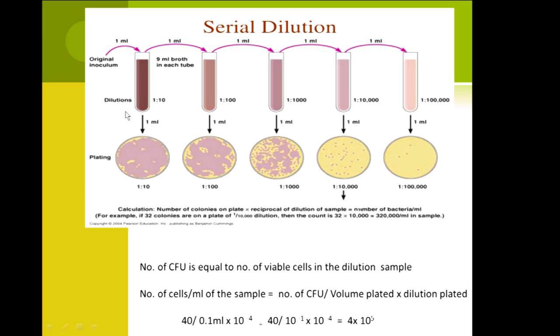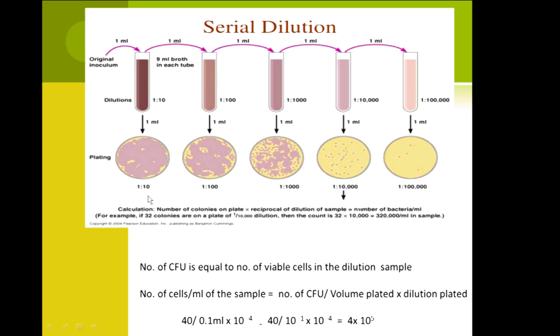But in a natural sample usually cells are very large in number, about 10 to the power of 7 cells are present. So all of them cannot be plated on an agar plate. If they are plated on an agar plate, you will see a crowded appearance. So in order to prevent that, organisms are serially diluted.